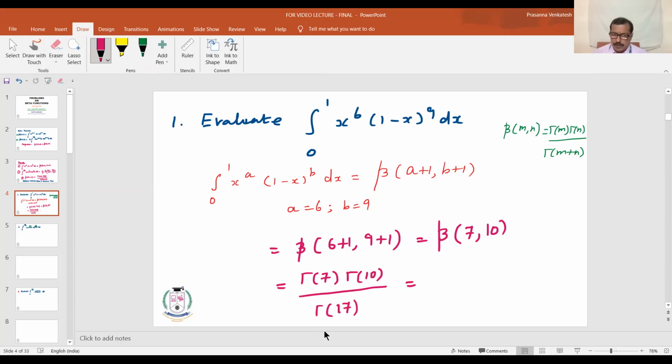This is gamma of 7 is 6 factorial, gamma of 10 is 9 factorial, gamma of 17 is 16 factorial. You can very well simplify this using a calculator. So the simplification part, I leave it to you. So this is a basic problem where you can directly apply the result of beta function to evaluate its value.